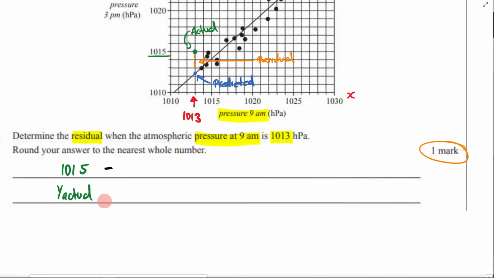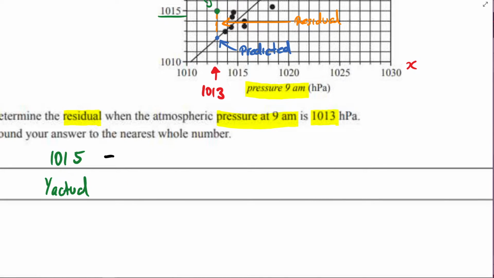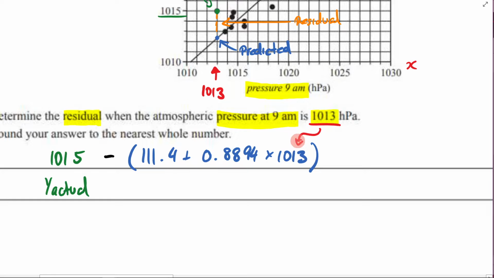So we're going to come here and we're going to sub in that value. So we'll put this in brackets because we're going to subtract away all of this. 111.4 plus 0.8894 times 1013. So as you can see, I'm taking this and I'm putting it into the X spot.